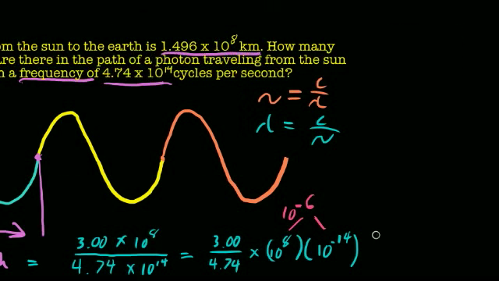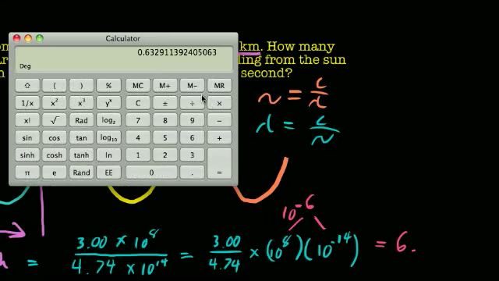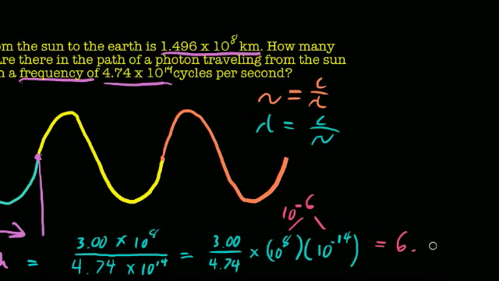Actually no, it's 0.6329 times 10 to the minus 6, sorry. And actually we only have 3 significant figures, so it's 0.633 times 10 to the minus 6th.